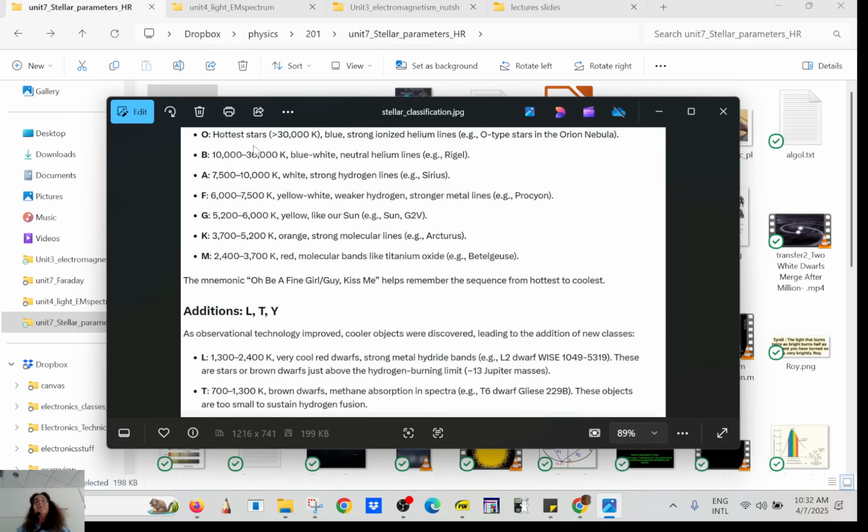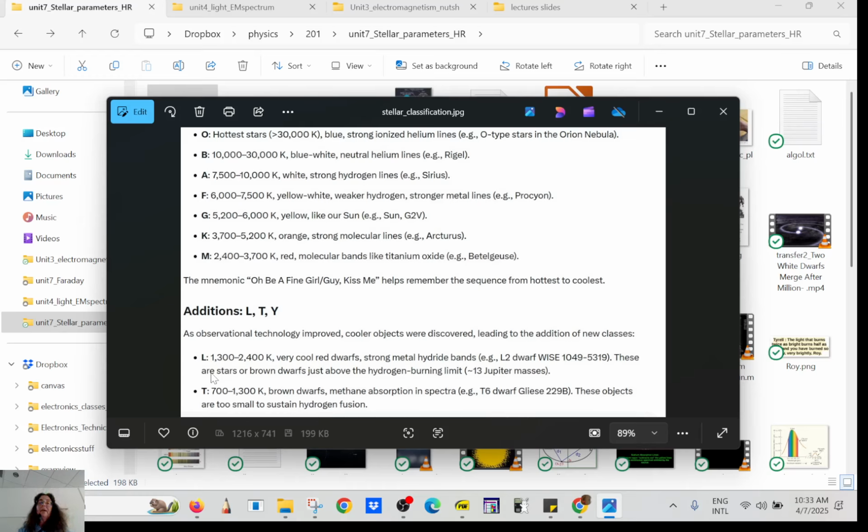So then later we understood that O stars were very hot blue stars, and then you have B stars, A stars, F stars, G stars, which is like our sun, and now we have new groups, L, T, Y. So, "Oh boy, a fine guy kissed me lovingly, tenderly," and there is a Y, so maybe it's yo.